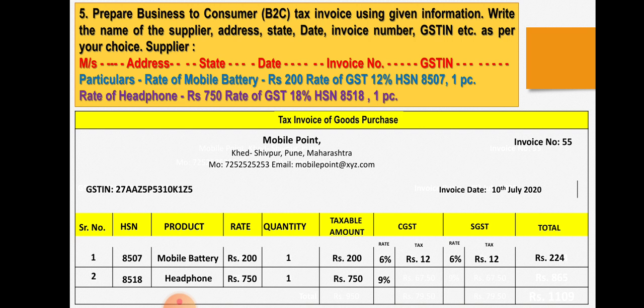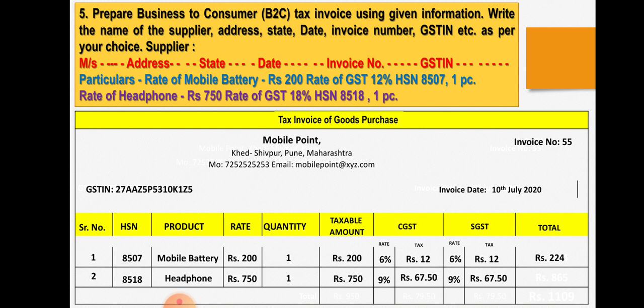So again you will find the amount: 9% of 750 means 9 upon 100 multiplied by 750. When you calculate it, you will get 67 rupees and 50 paisa. CGST and SGST are similar, so again the rate will be 9% and the amount will be 67 rupees 50 paisa.